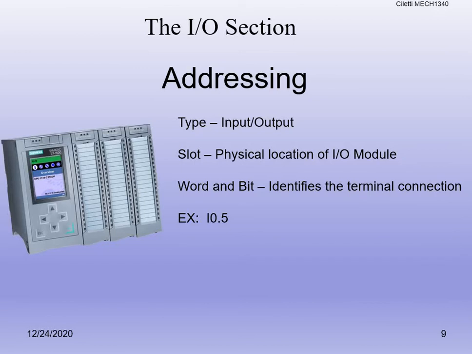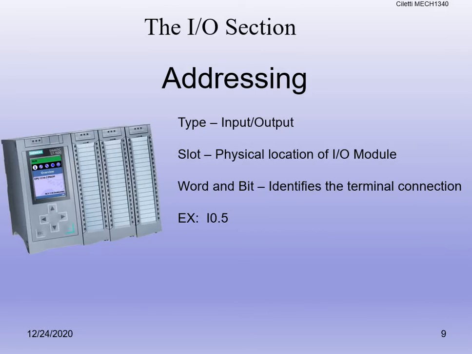Also, when we're addressing these, we give them a specific location. You can't call it input 4.0 and output 4.0. So you can't have a Q 4.0 and an I 4.0. You're going to designate a certain amount of slots that go to inputs. So when we set up our programming, we're going to say 0 to 2 is going to be our inputs, 3 will be our analog, and then 4 and 5 are our outputs.